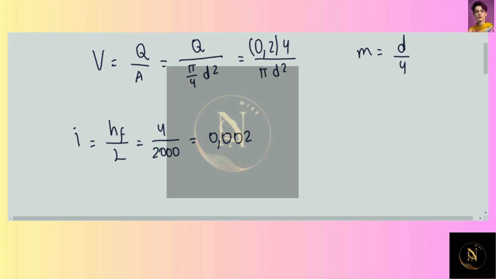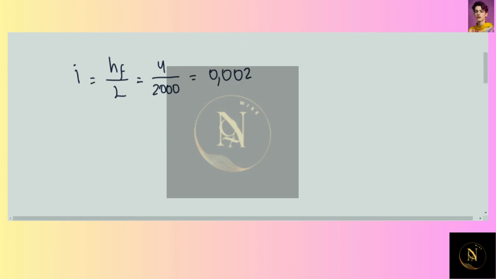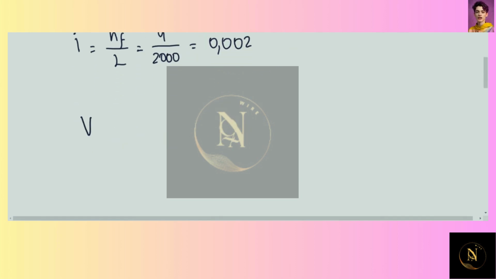Now, Chezy's formula is given by the following equation, which states that the velocity is equal to Chezy's constant times the square root of the product between the hydraulic mean depth and the loss of head per unit length I, which we determined before.